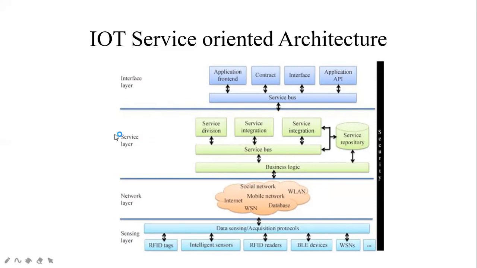Which type of service do we have at the service layer? Suppose there is some website, and on that particular website we only want to show our good qualities and suppress our bad qualities. This type of service we will have at the service layer of that website, right? It will have some business logic, some service bus, and some service repository.